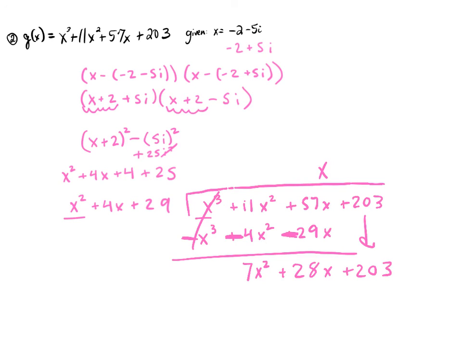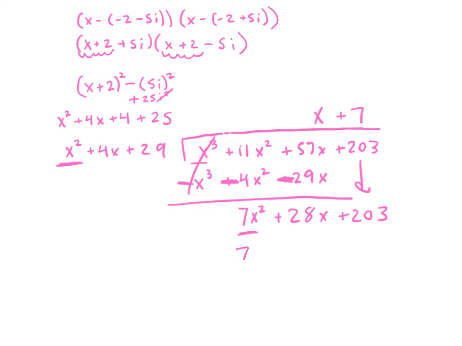So what times x squared gives us 7x squared? 7. So this is plus 7. Multiply the 7 with everything out front. So 7x squared plus 28x plus 203.